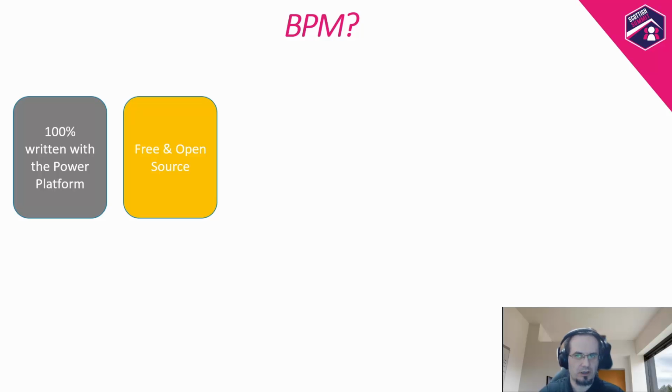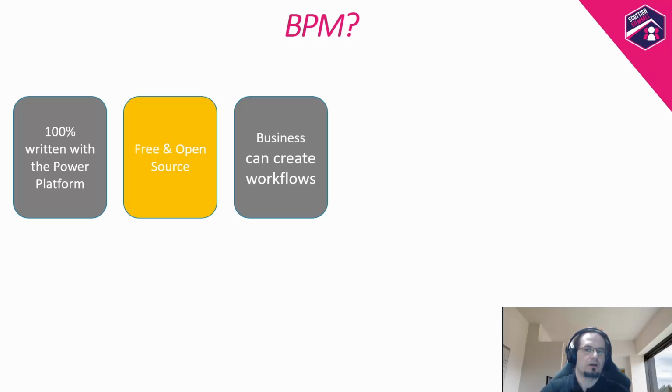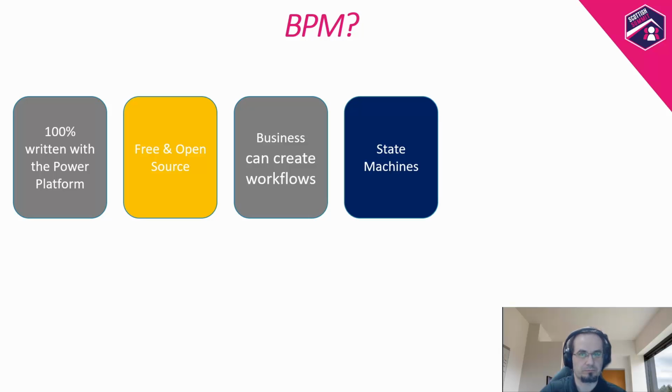It's free and open source, so you can get all the flows, Power Automates, and Power Apps applications for free. Business users can create their own workflows if you install it on your tenant, on your environment.